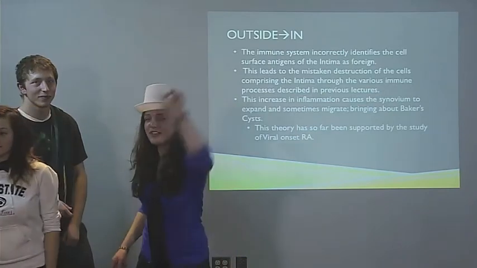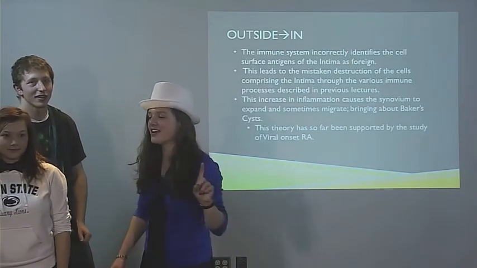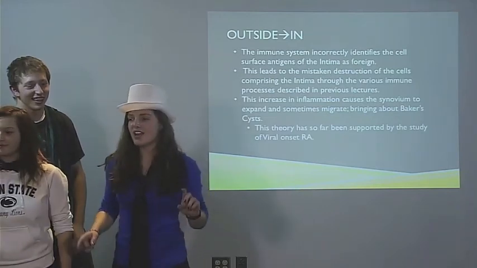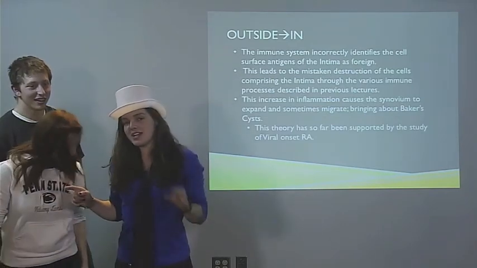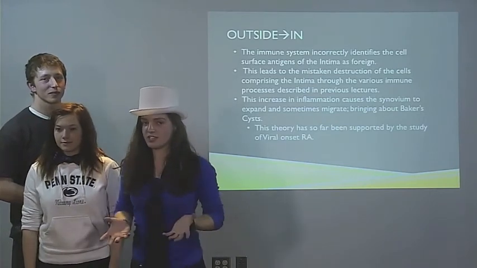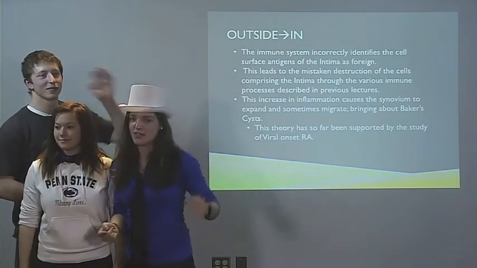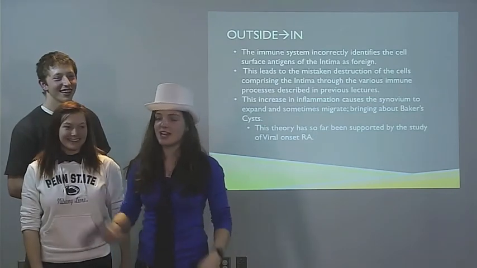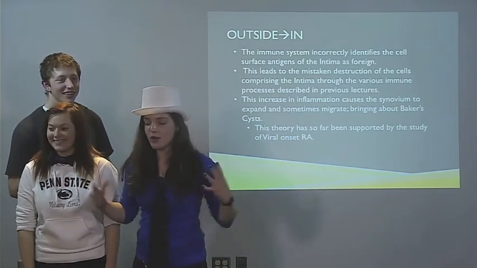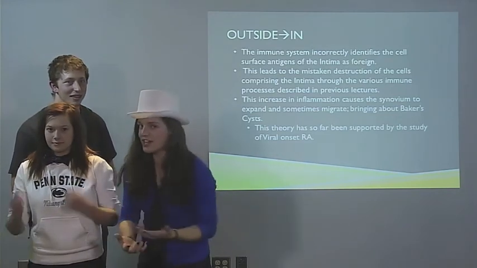Outside in is the first of two theories that are suspected of causing rheumatoid arthritis. In this theory, the immune system incorrectly identifies surface cell antigens on the cells that comprise your intima as foreign, and thinks, wow, this is something bad attacking me and I need to get rid of it now. So it sends in your immune system to kill off these cells, but they're actually your own cells.